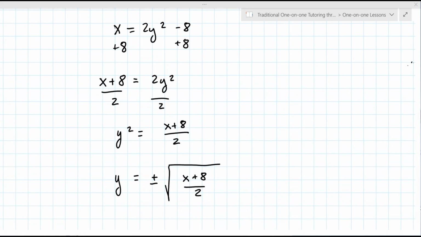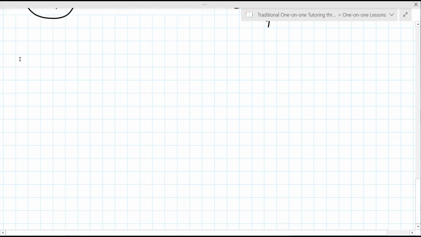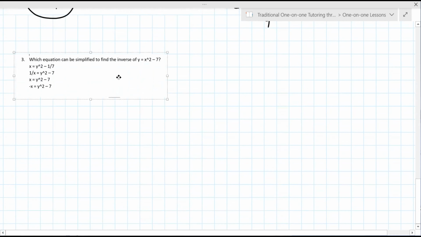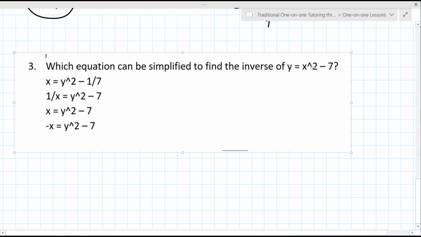So the next question here we'll look at is 3. And I will snip in the answers because we may need them at some point. Oops, that's not the right place to snip that. All right. So which equation can be simplified to find the inverse of y equals x squared minus 7?